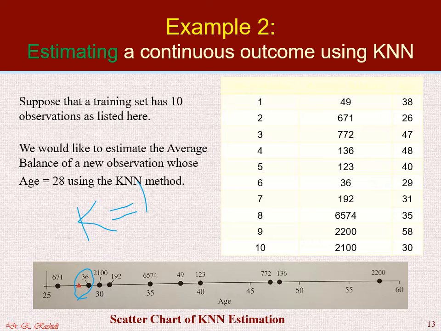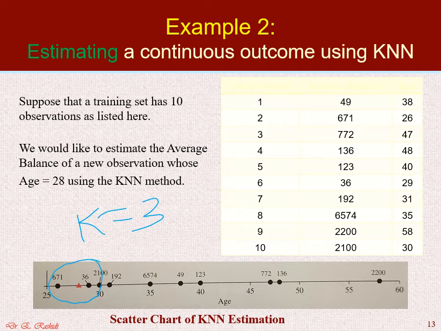Right. So let's see how it works for a higher number of neighbors. I'm going to go with k equal to 3. Suppose k is equal to 3. Then the 3 closest neighbors to our observation are these 3 data points.